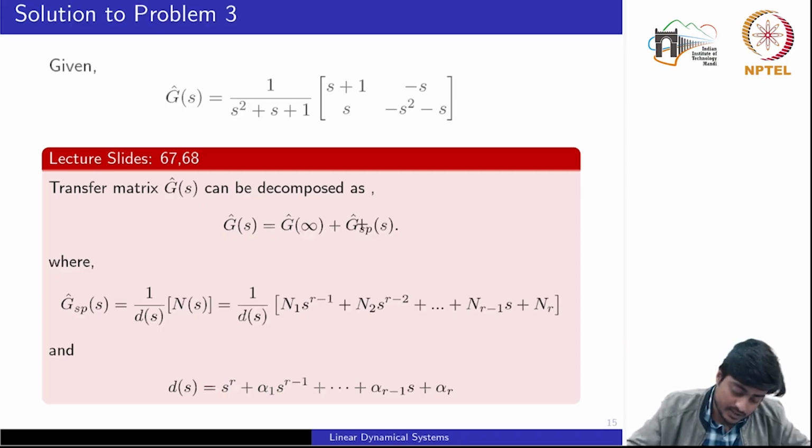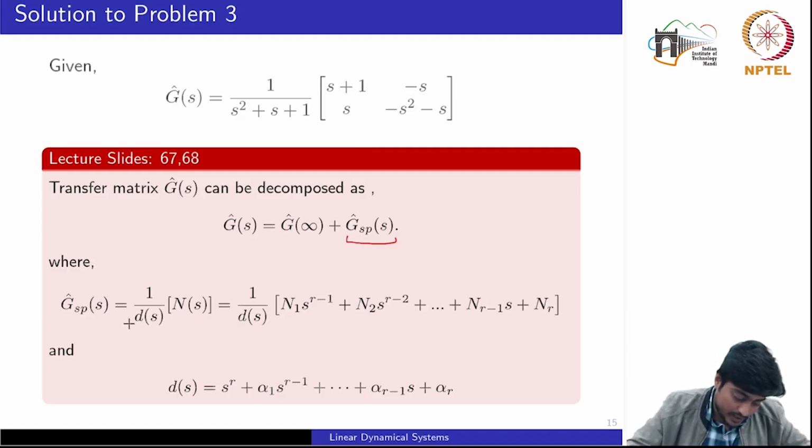The second part is the strictly proper part, meaning to say the order of the numerator is definitely less than the degree of the denominator polynomial, and g hat infinity is the value of the transfer function when s approaches infinity.